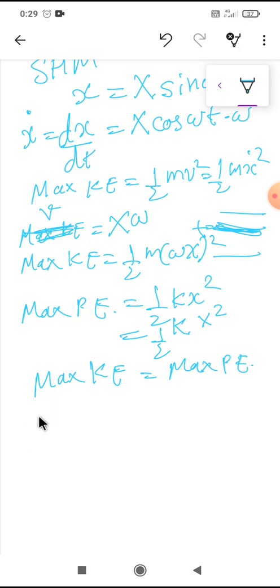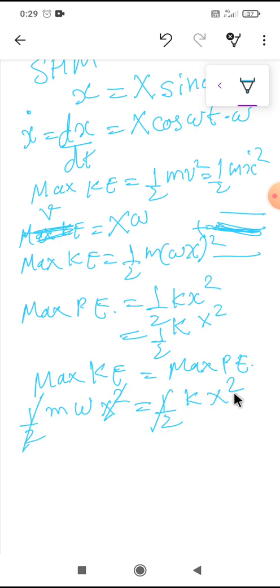That is 1 by 2 m omega X square is equal to 1 by 2 k X square. So 1 by 2 cancels, X square cancels, and here also omega square, because it is omega X whole square. So omega square will be equal to k by m, so omega is equal to under root k by m.